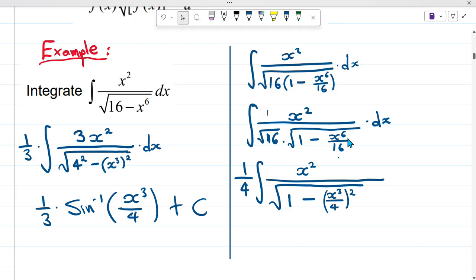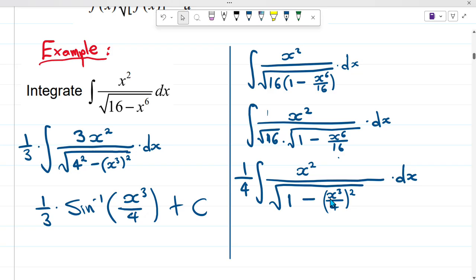I hope you can see that x to the power 6 over 16 and x cubed over 4 are the same because I've squared this. You understand? Okay, I shouldn't forget my dx there. So from here, now that we have 1 here, we don't have to stress about 1 over a or something. You understand? So what do we then do?